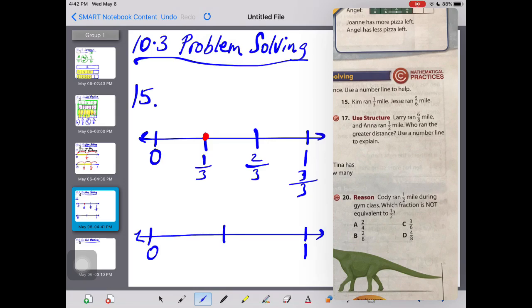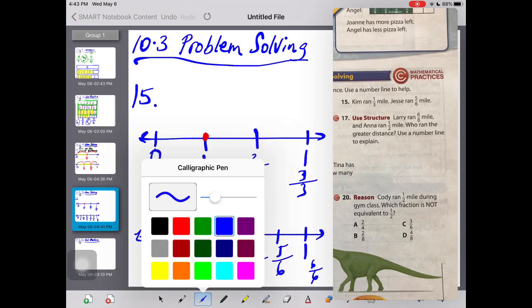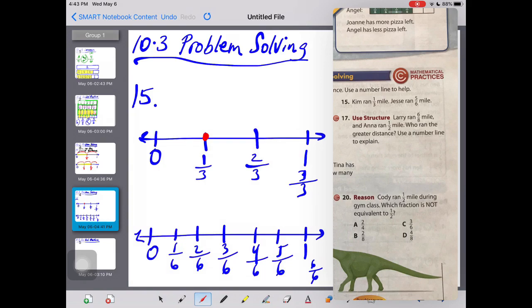Okay, so let's divide this in half. We want 3 on the left side, so I'll do 2 lines. That gives me 1, 2, 3, and then 2 more lines. So I have 1, 2, 3, 4, 5, 6 spaces. So I have 1/6, 2/6, 3/6, 4/6, 5/6, and then of course 1 whole is 6/6. All right. So he went 5/6. Okay, there we go.